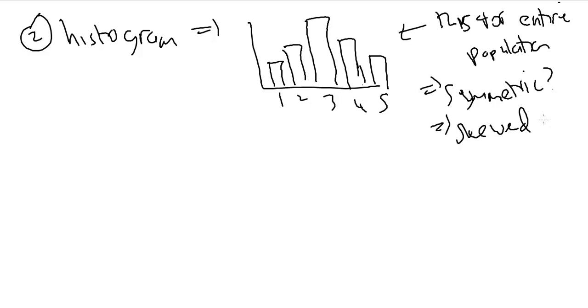In other cases, the distribution can be skewed. So it could be that you have a peak on the left-hand side and then a long tail on the right-hand side. Or it could be that you have a long tail, then the peak, and a short tail on the right-hand side. So these would be skewed. Those are the kind of comments that you can make based on your histogram, and you can create your histogram based on your data.